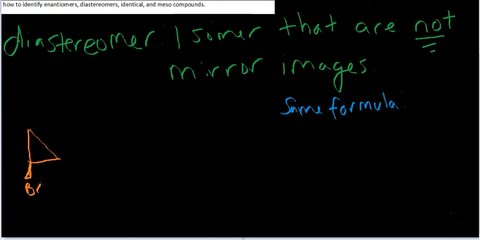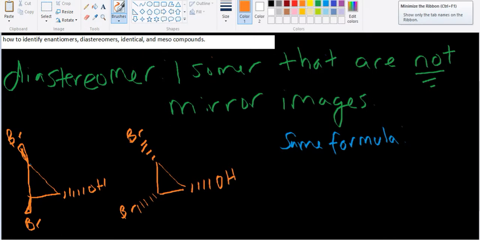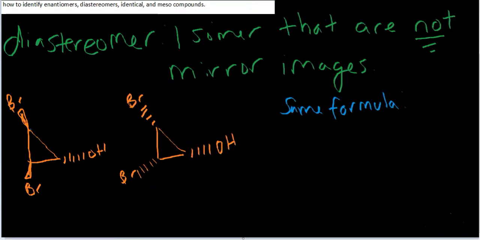Here's your bromine, bromine here, and I'll have an OH group going back. And then our other picture will be OH going back, and we'll have bromine going back, bromine, and bromine. So that's our 2 pictures that we'll use to try to figure out how these molecules are diastereomers.